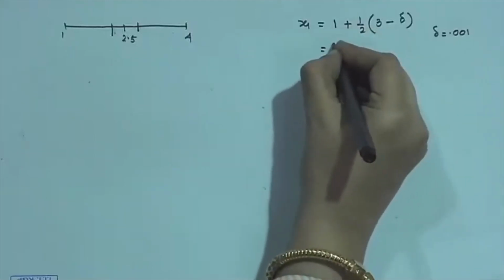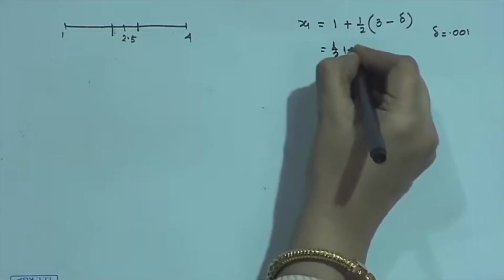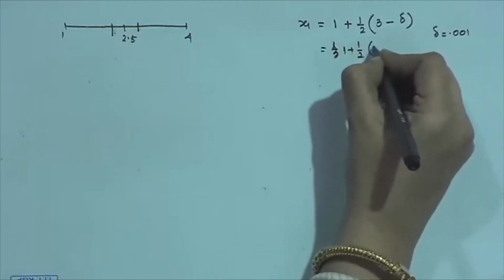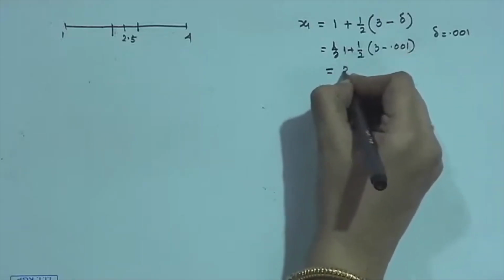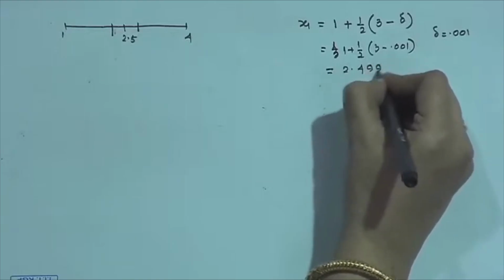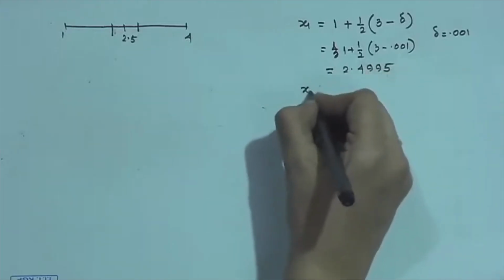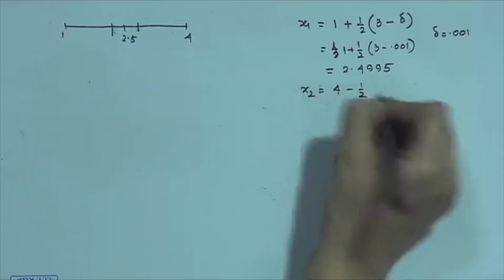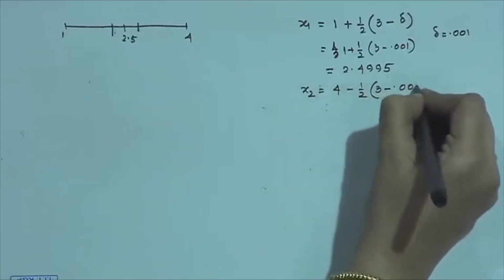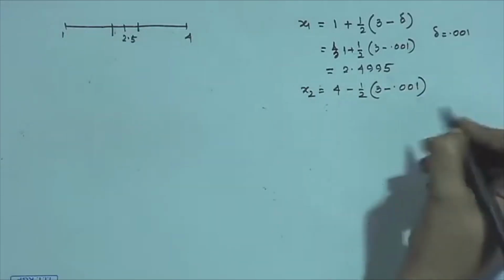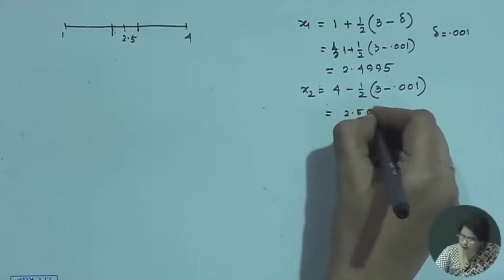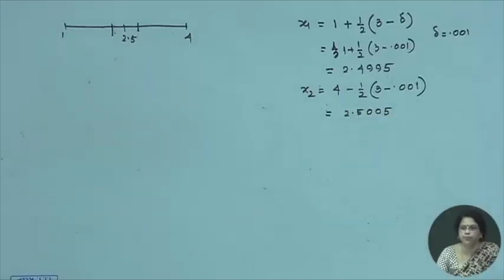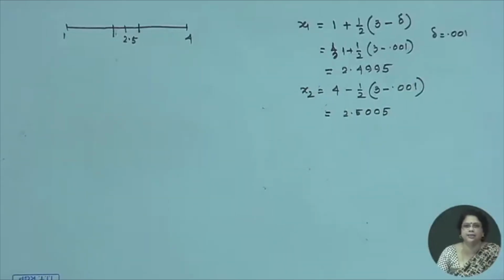And if I consider delta equal to 0.001, then x1 would be 1 plus half into 3 minus 0.001, and this value will come as 2.4995, and x2 will be 4 minus half of 3 minus 0.001. Okay. Now, this value will be 2.5005. If you calculate, you can check that these values are coming.